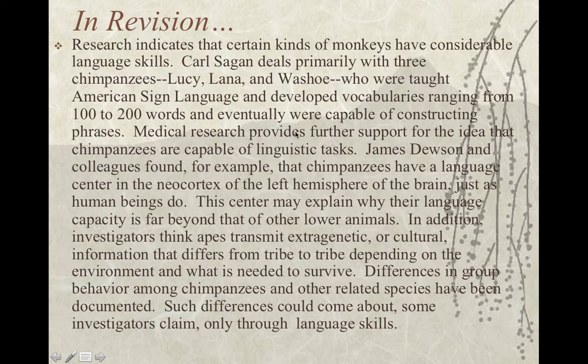She forgot to tell me her next point. When I know that, I know James Deussen and colleagues are medical researchers and how it relates to language. Then down here, when she says that these differences are language skills, I understand the connection with apes. However, it would be great to know that this has to do with language skills up here in this sentence, not three sentences later at the back. So that would be something to look at.